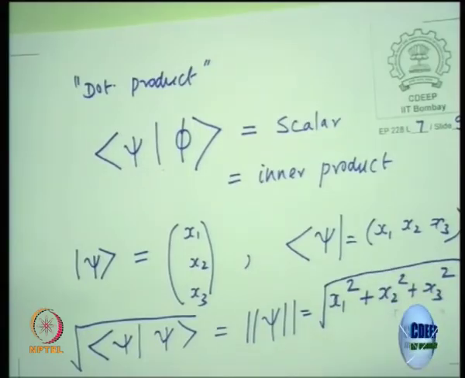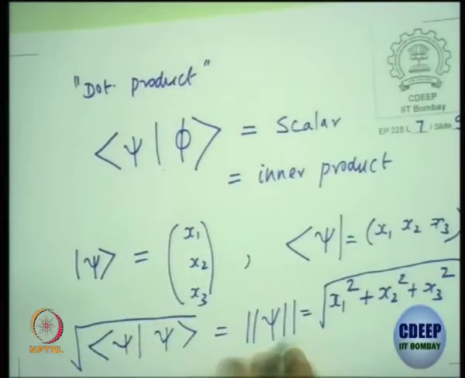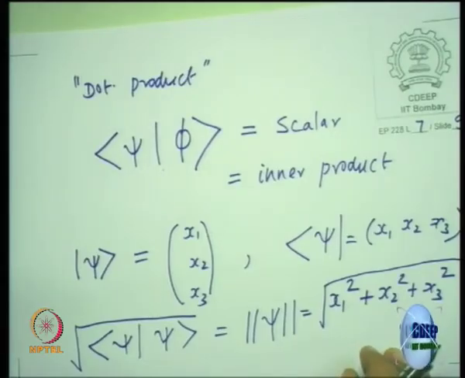They are a sum of squares, so it should be positive. This norm of the vector psi should always be positive, and it should also be finite.